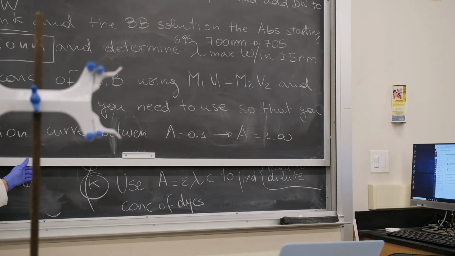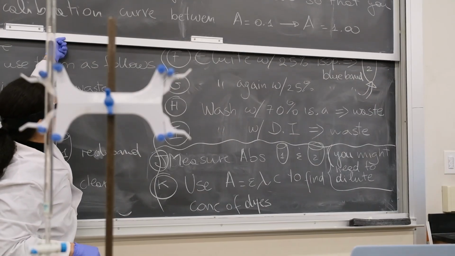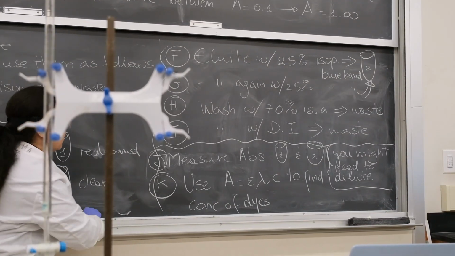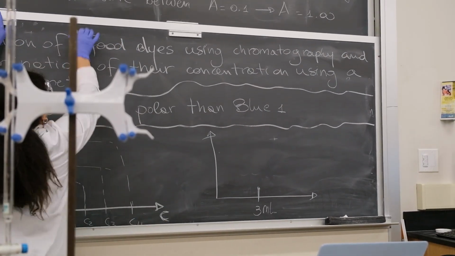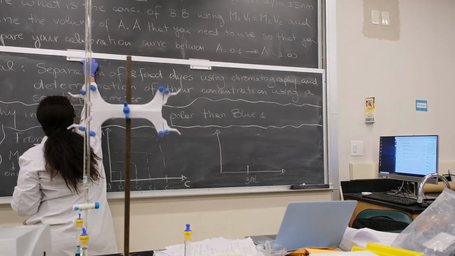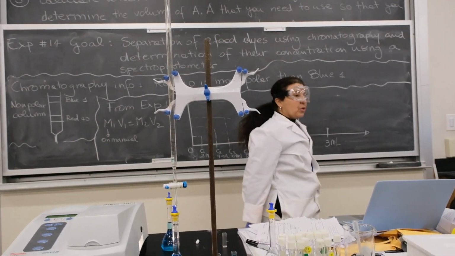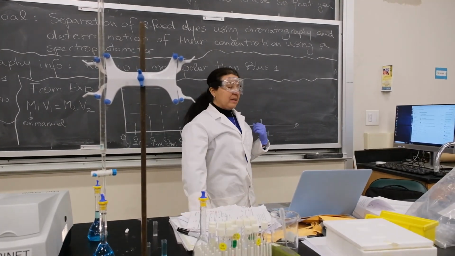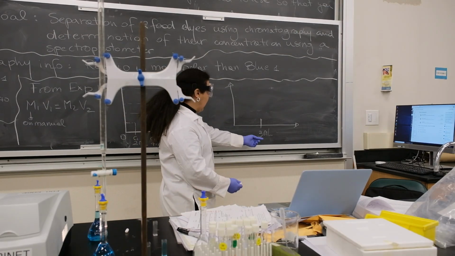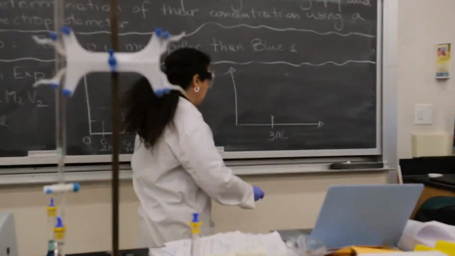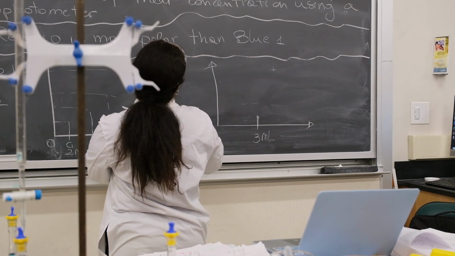this time you have to do something more. You find what is the absorbance of your solution in which you diluted 3 milliliters of Brilliant Blue, and then you have to figure out, based on that absorbance, how much lower and how much higher. So you have to use half the amount, 1.5. Let's see where it is.